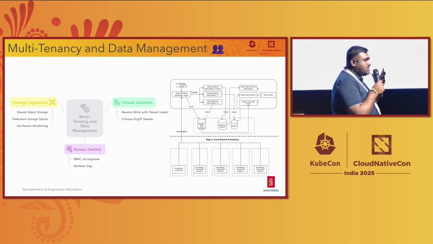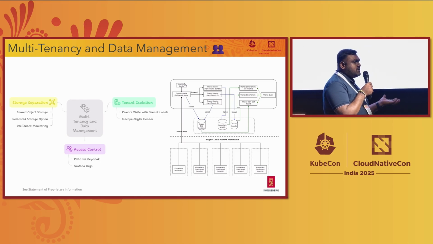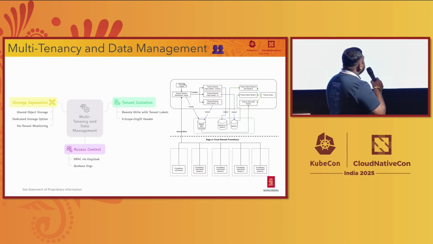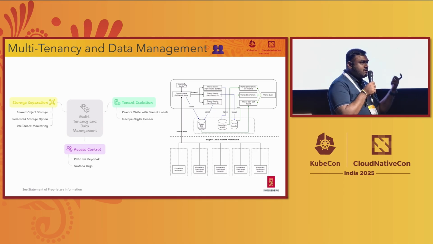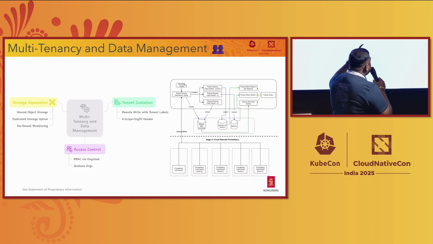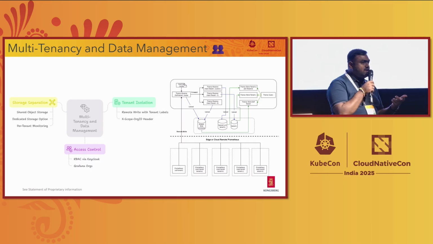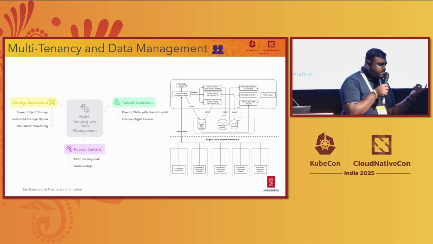But if you have a fixed edge with good network connectivity, you can do a remote write directly, authenticating with a JWT token from Keycloak, and it will send the data along with the header carrying the tenant ID in terms of Thanos.